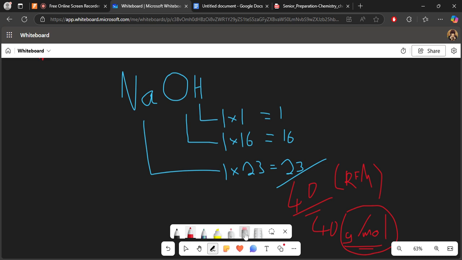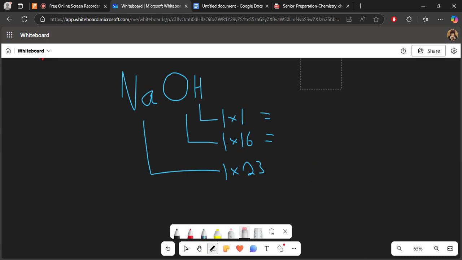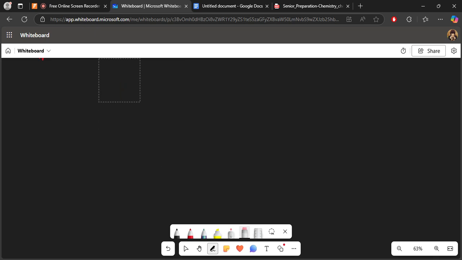So, now that we've done this example, I want you to try and find the relative formula mass of copper 2 oxide, calcium hydroxide, and ammonium sulfate.